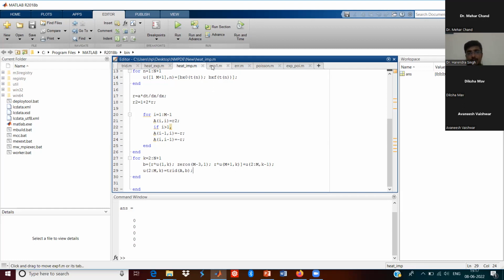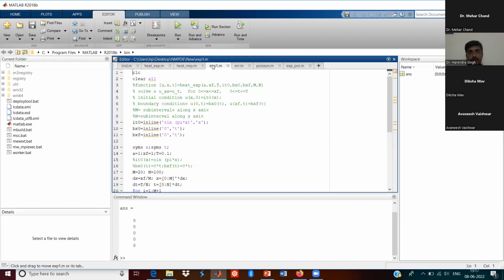Now I have taken one example. I have taken the heat equation. I have used inline for writing the initial and boundary conditions, that is it0x, which will be some function of x. So we have used the command inline sin pi x, if it is a variable of x.